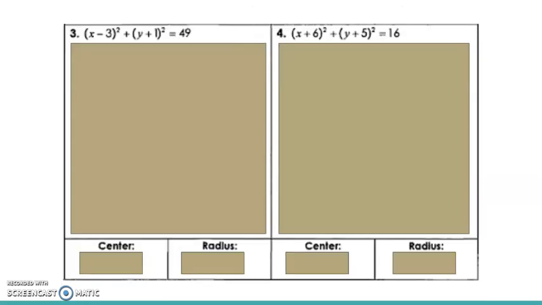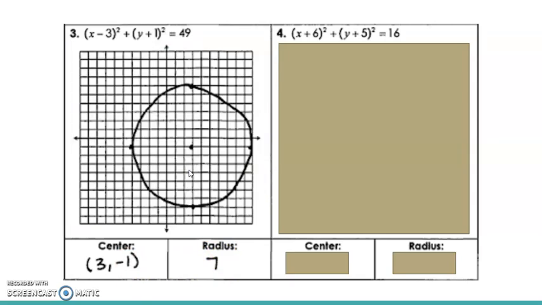A couple more examples with number 3 and number 4. The center for number 3 is (3, -1), and my radius is 7. When I go to graph, I'm starting at that center, and I count 7 in each direction and connect the dots to make our circle.